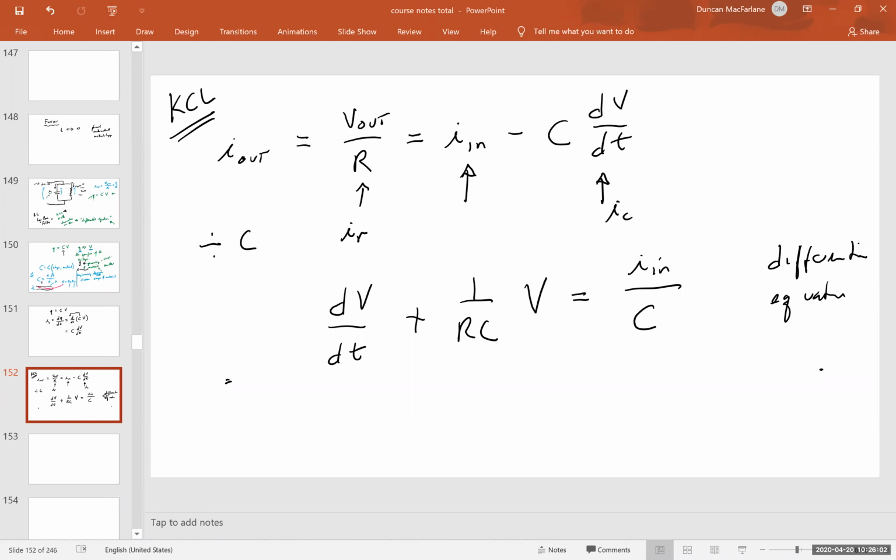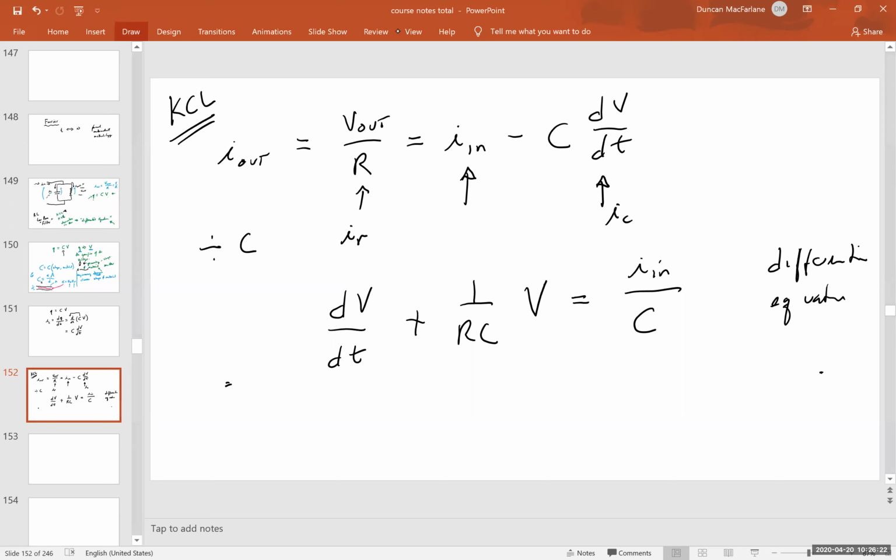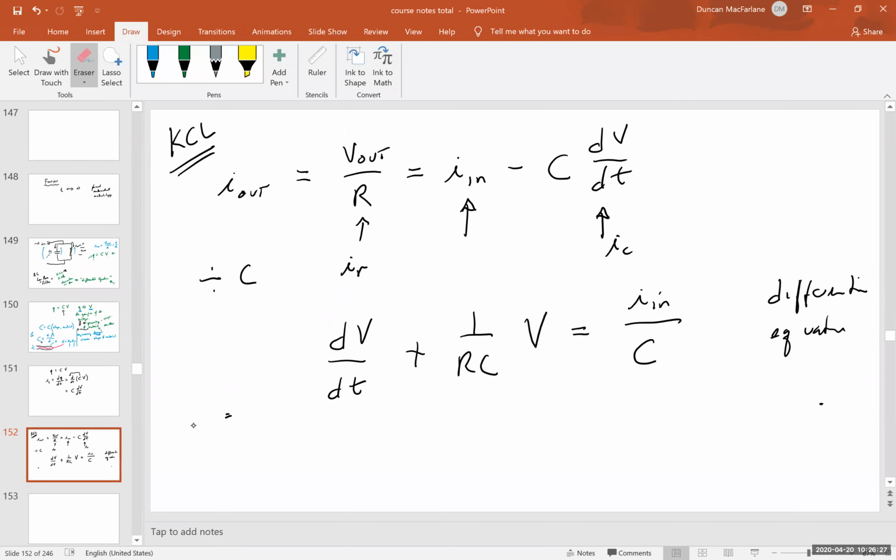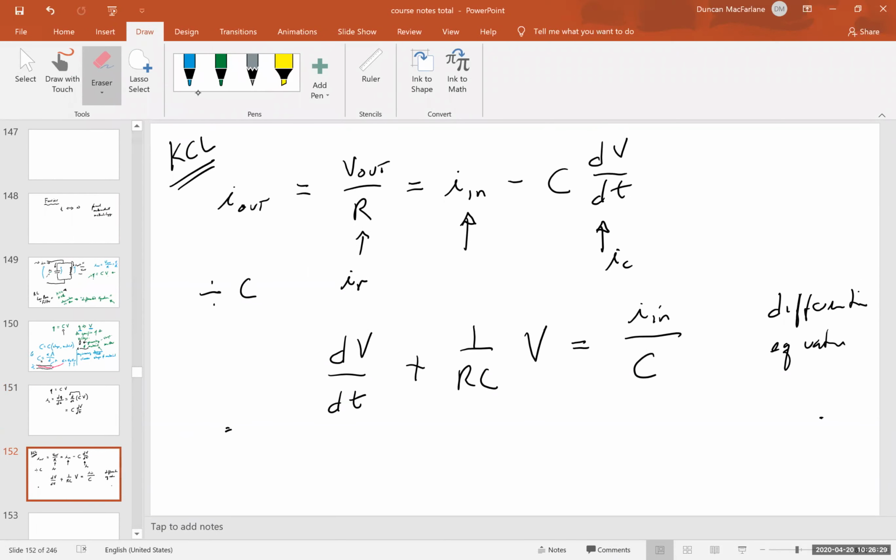So the only way you solve a differential equation is you guess the solution.